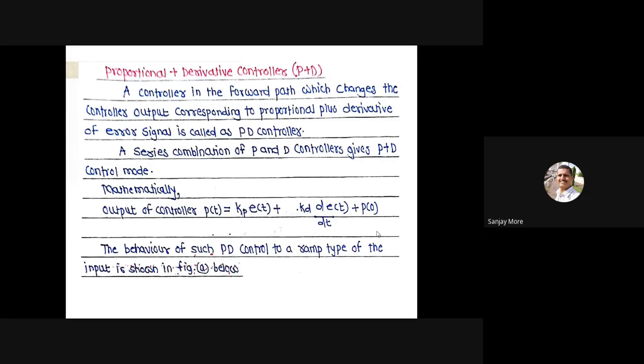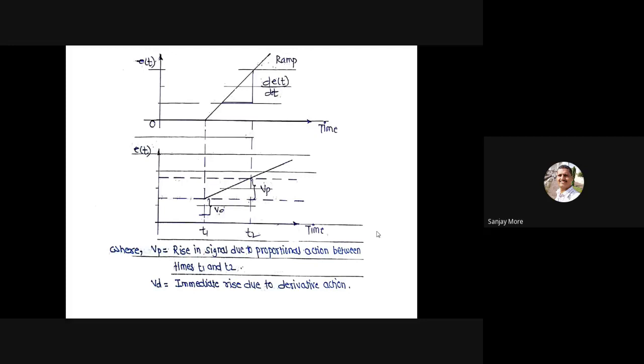This is the mathematical expression of the proportional plus derivative controller or PD controller. Then draw these two graphs. Draw it fast.